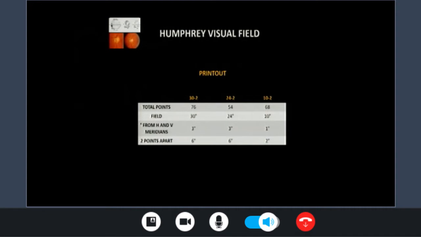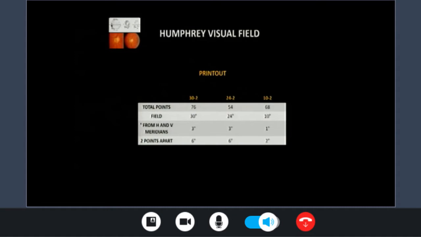Now, what's the difference between 30-2, 24-2, and 10-2? Actually, when you look at the 30-2, you will discover that we are testing 76 points, but we are having a wider field tested. 24-2, we are testing 54 points, smaller field. And 10-2, we are actually checking the inner 10 degrees, which is represented by 68 points.